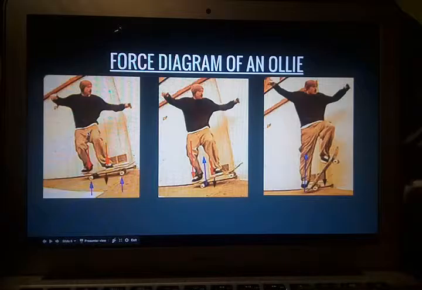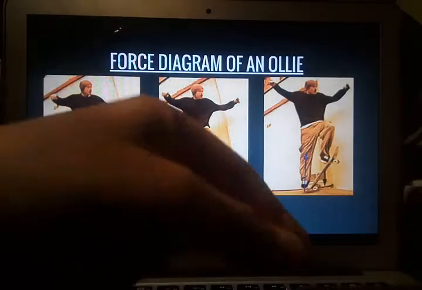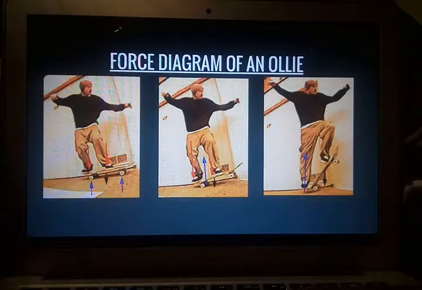So we can see, based on these first three frames, the progression of an ollie. Typically what we see is that in an ollie there has to be some sort of diagonal upward motion. The first frame shows red arrows, which represent the force exerted by the rider, and the blue arrows represent the normal force of the ground pushing back up against that force being created.